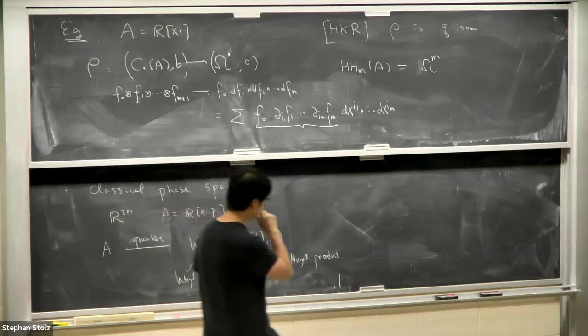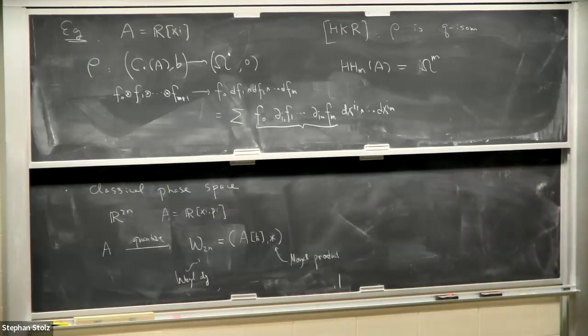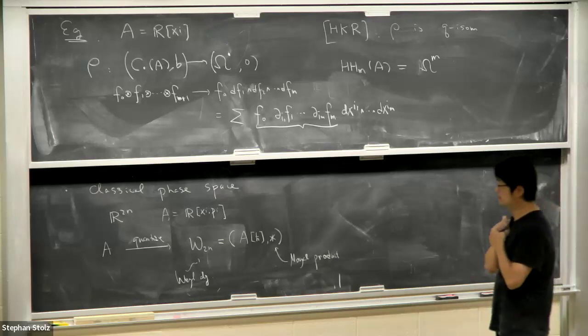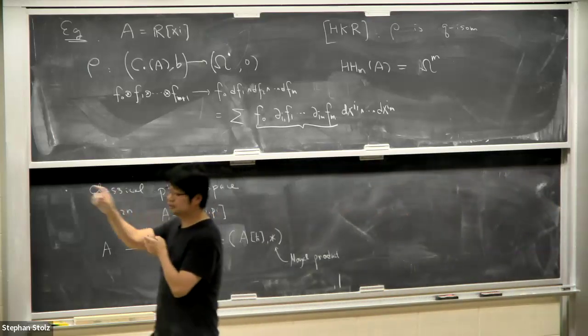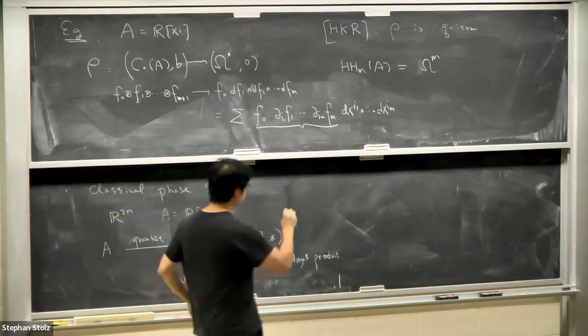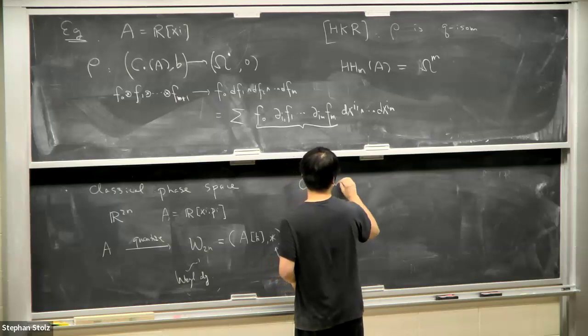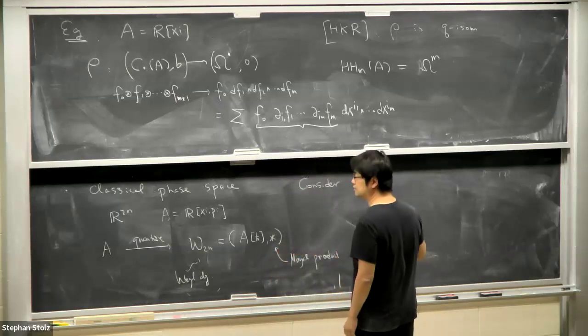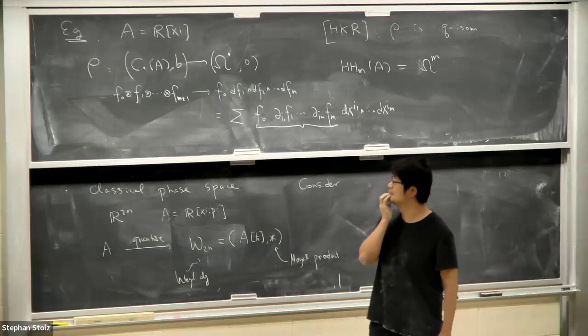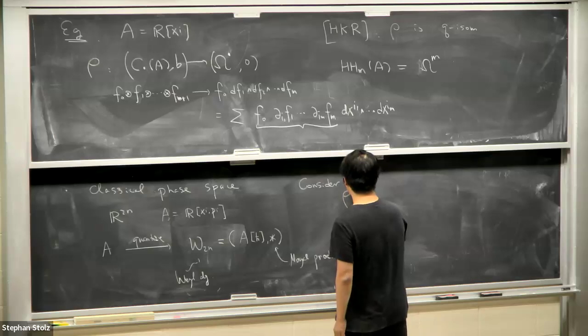Now, let's try to write down a formula in terms of this topological quantum product. Now consider the following map. Let's call this one rho h bar.